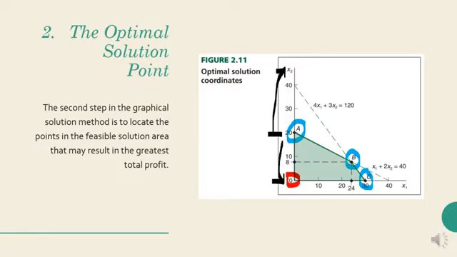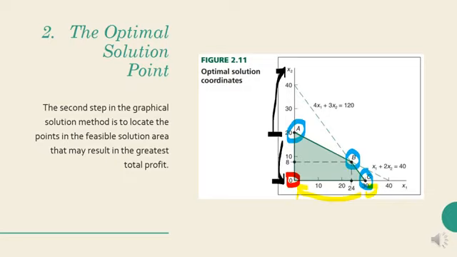Pagdating naman natin sa point C, okay, sa point C naman natin, point C is 30x1. Makikita niyo yan? 30x1. And then, 0x2. Diba dun sa ginawa natin mga computation kanina?